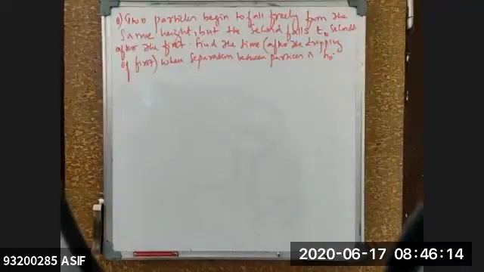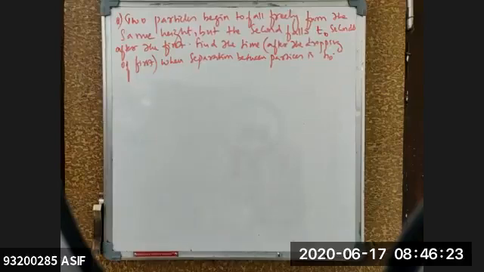Two particles begin to fall freely from the same height. But the second one will fall T naught seconds after the first. Find the time after the dropping of the first when the separation between the particles is H naught.